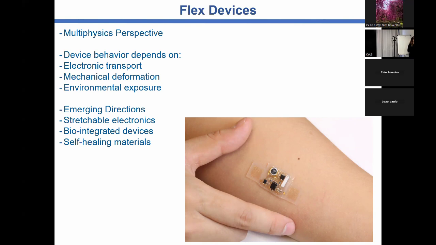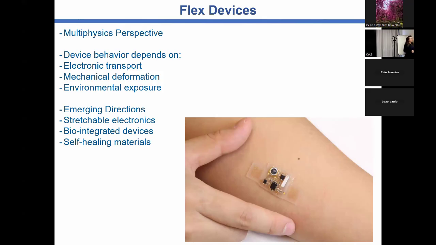Sometimes we are too far from the challenges coming from the large area and just focus on the academic point of view, but in terms of application of the electronics, it needs to overcome these issues.